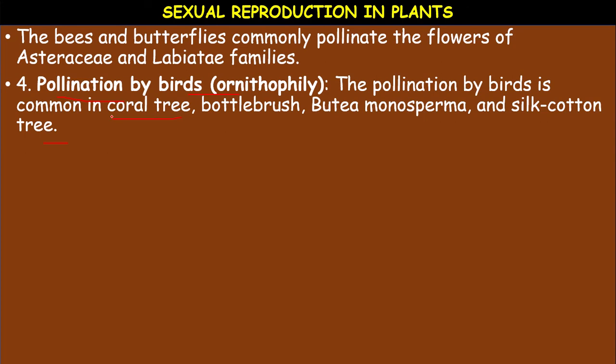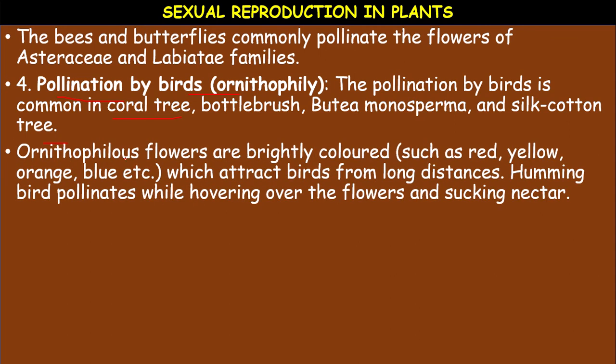The flowers are bright colored and produce large quantities of pollen and plenty of nectar. Their pistils and stamens usually project beyond the perianth lobes, means sepals and petals. The common bird pollinated plants are Bombax, Erythrina, Callistemon, Butea monosperma. These are the examples.